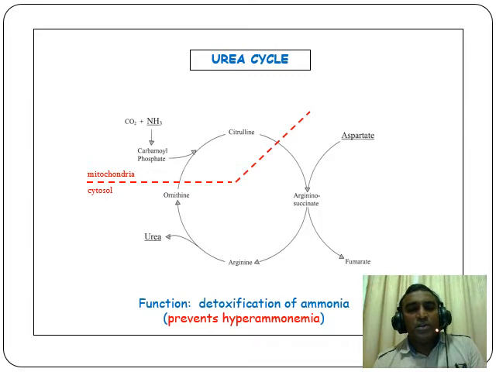Citrulline goes from the mitochondria to the cytoplasm to react with aspartate to build something much larger, argininosuccinate, and this will then break into fumarate and arginine, and eventually arginine breaks down further to become urea as well as ornithine. Ornithine goes back and repeats this cycle.